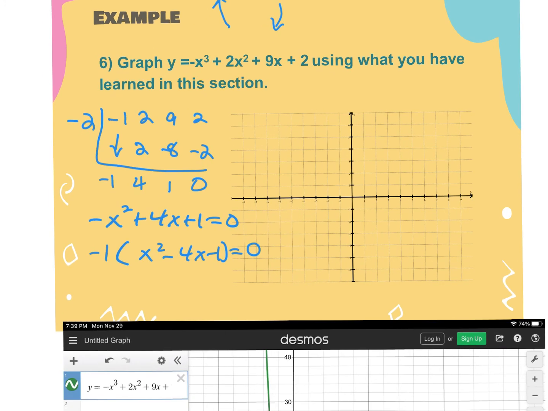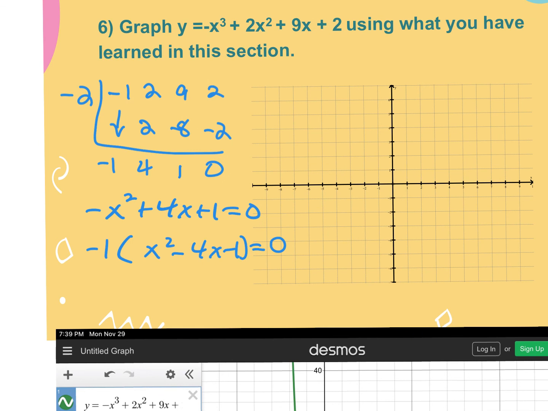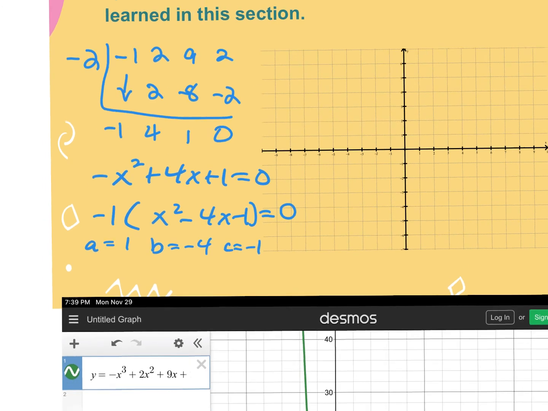And again, looking at this, I can see that there are no factors of -1 that will give me a -4. So I'm going to do the quadratic formula. A = 1, B = -4, C = -1.